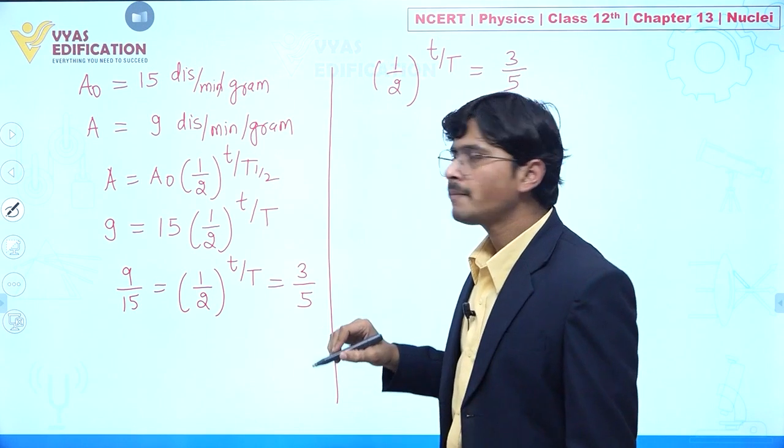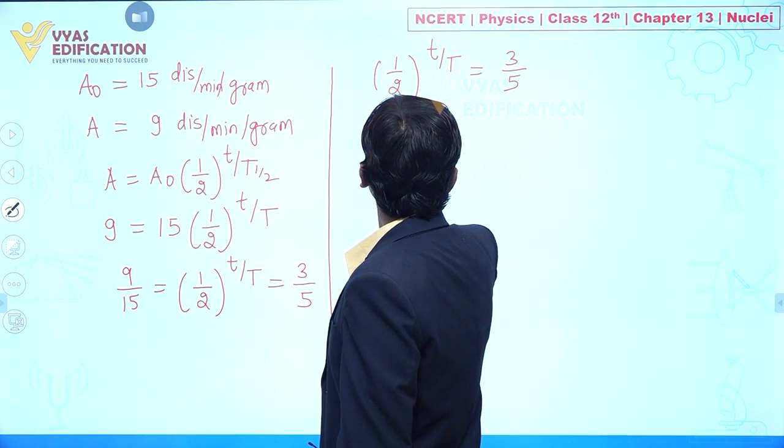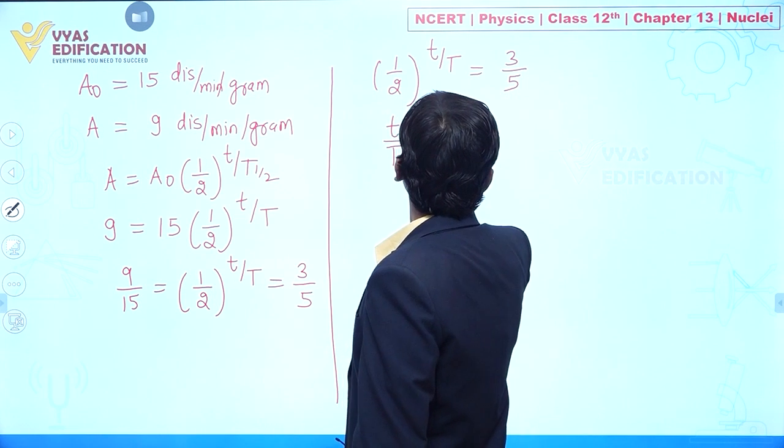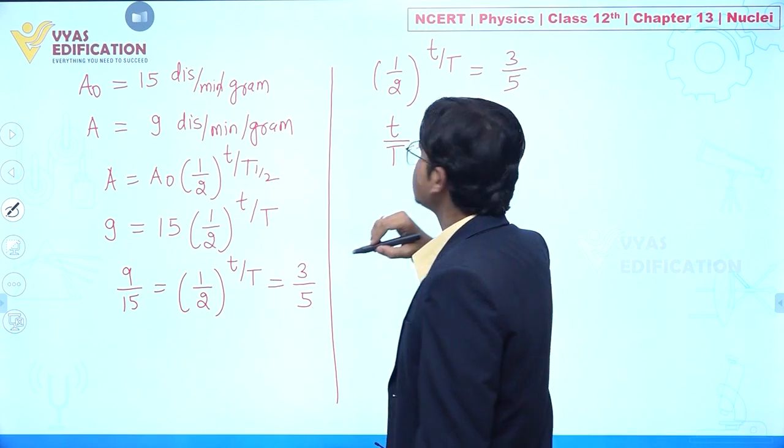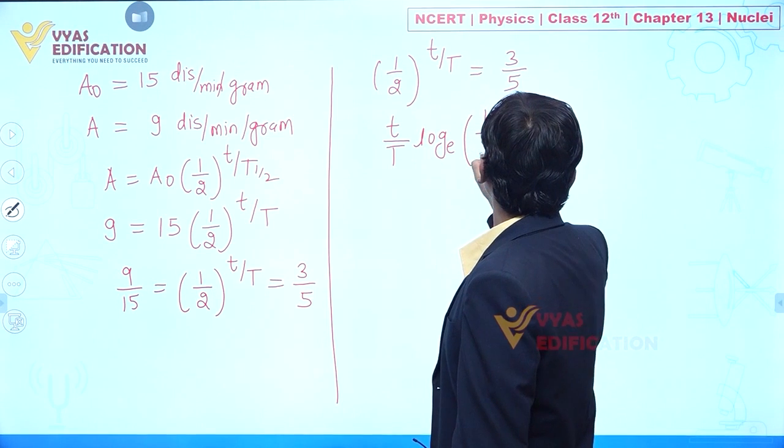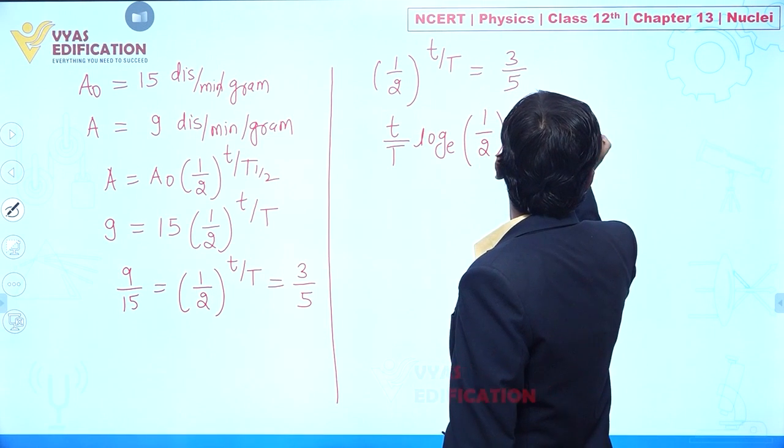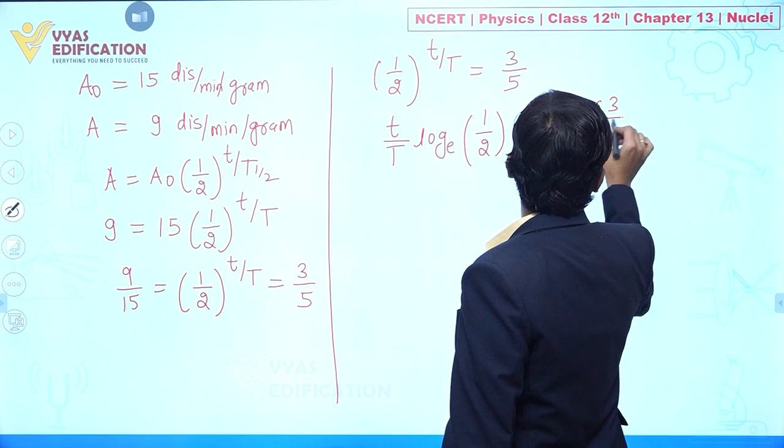If I take the log, base e, I can write T by capital T times log of 1 by 2 equals natural log of 3 by 5.